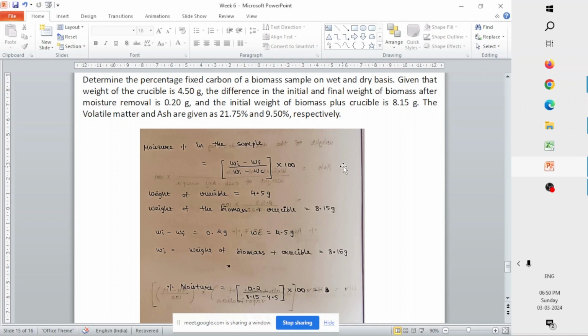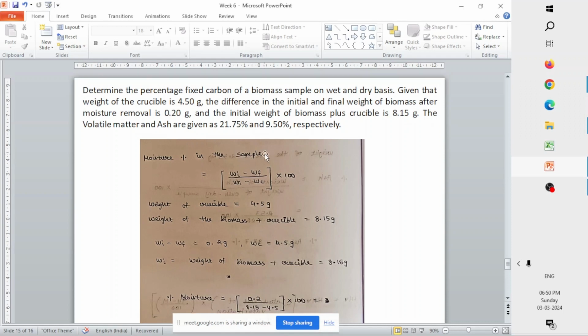Since you cannot measure the sample without a container, you actually have to place the material in a container to measure. So we have to take the difference of the weight of your sample plus crucible minus the weight of your empty crucible. The weight of the crucible is 4.5, and the weight of your biomass plus crucible is 8.15 grams.